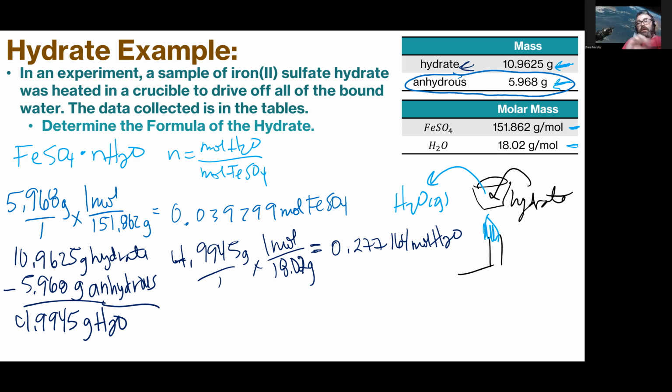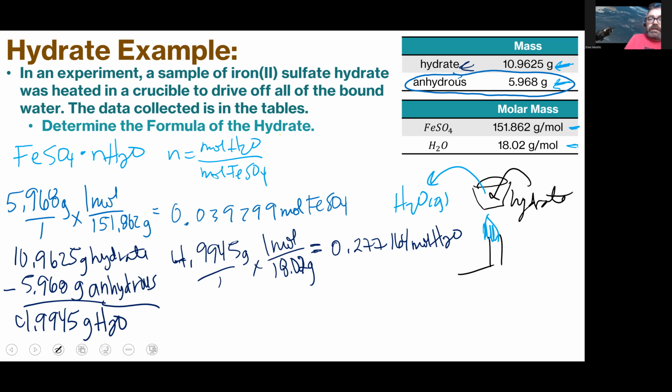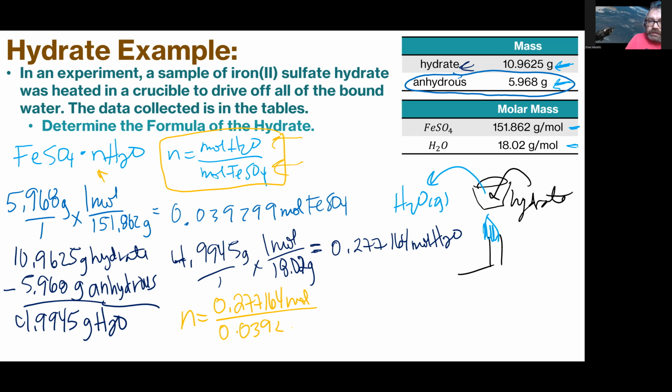All right, so now we have moles of water, we have moles of iron 2 sulfate. Remember, we're looking for N in our formula. So we need moles of water divided by moles of iron 2 sulfate. N equals 0.277164 moles divided by 0.039299 moles.